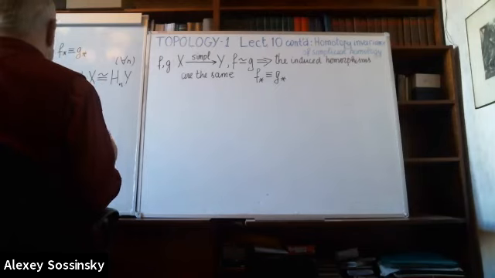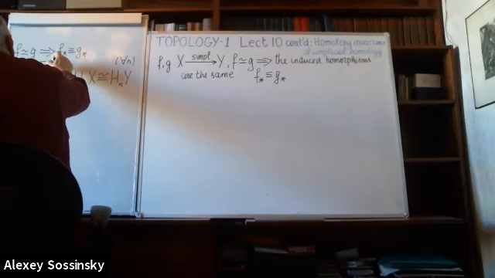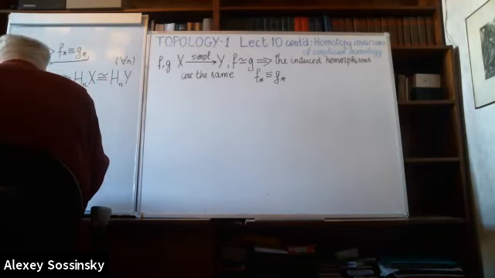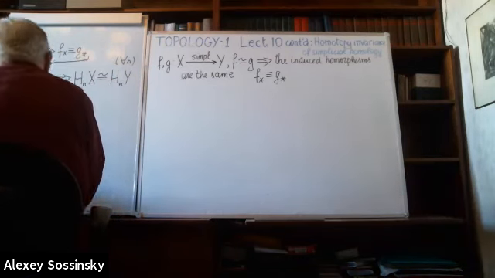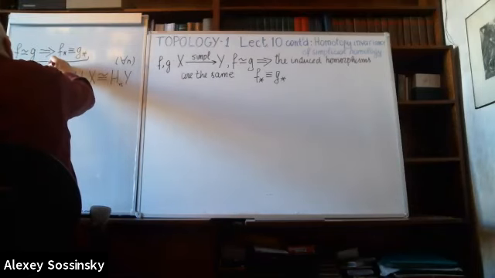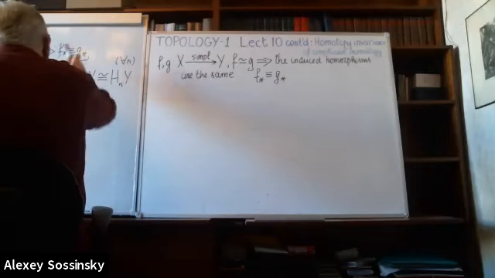So the next step of our proof is to show that this theorem has the following corollary. So this is a theorem which we have not proved.